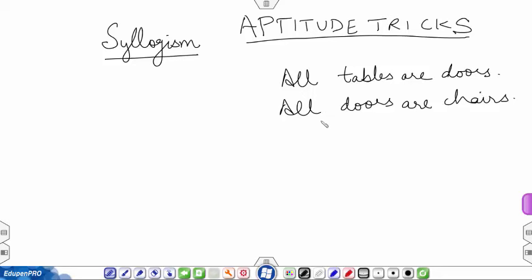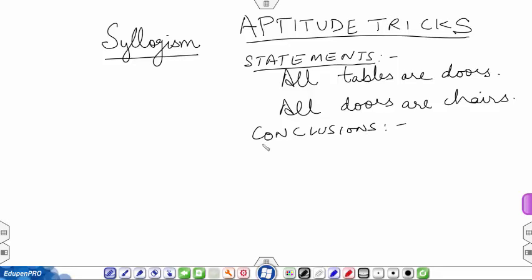Based upon these statements, which will be given to you in the exam, we have the following conclusions. Either of the conclusions might be true, or any one of them might be true, so you need to check. These are the two statements, and the first conclusion is all chairs are tables.